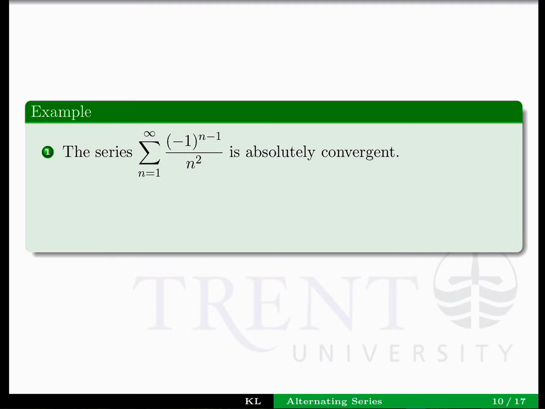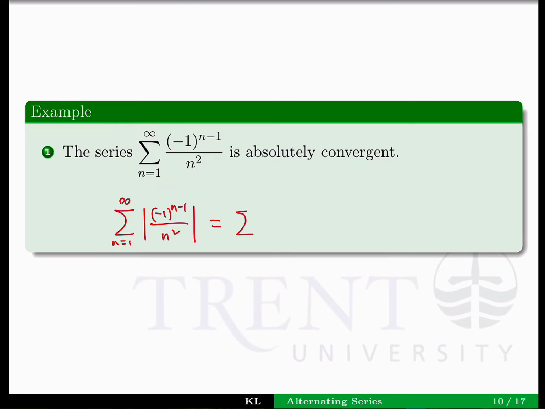For example, we consider the sum of -1 to the n minus 1 over n squared. It is written here that this is absolutely convergent. Why? This is your original series. Now we take the sum of the absolute value of -1 to the n minus 1 over n squared, from 1 to plus infinity. But the absolute value of -1 to some power is just +1.